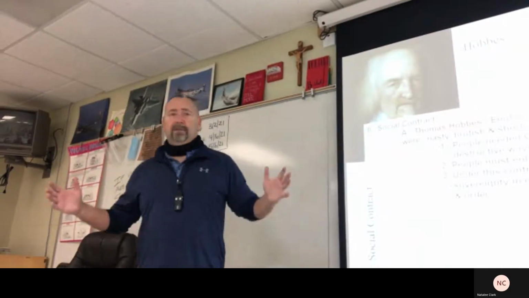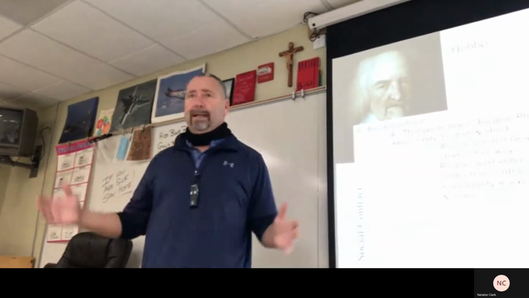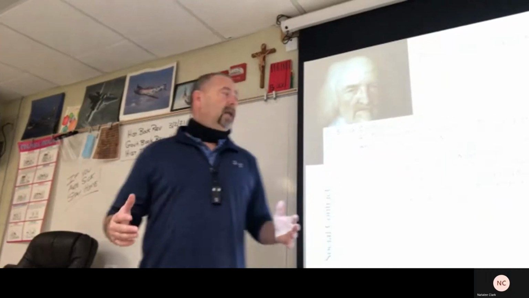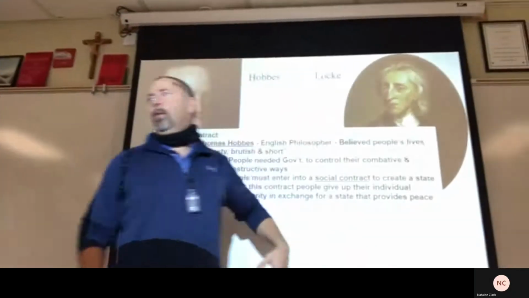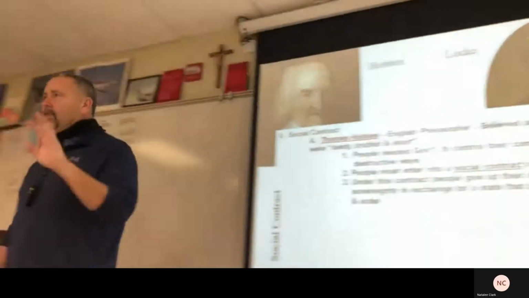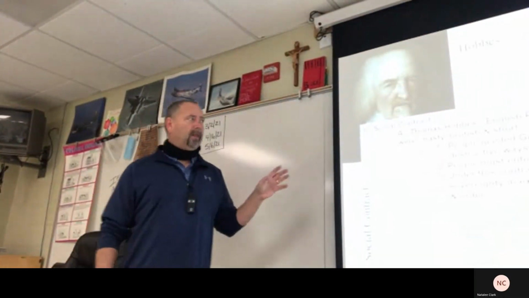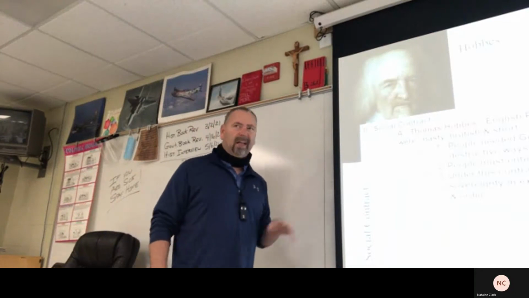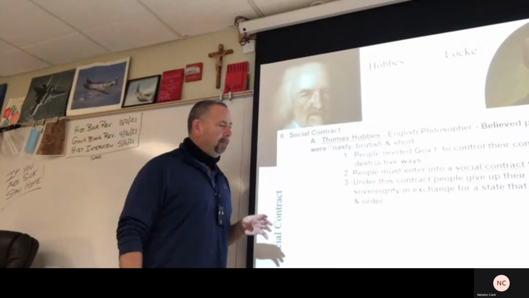We give up the right to harm each other, or put each other in danger, so that we can live in a state that provides peace and order. Now he does advocate for a strong government that can control us, like a dictator, absolute monarch.